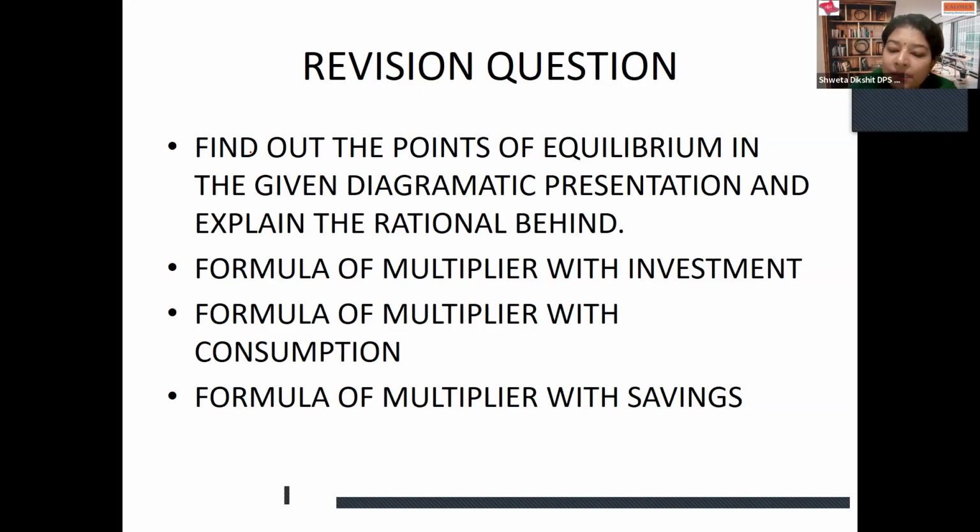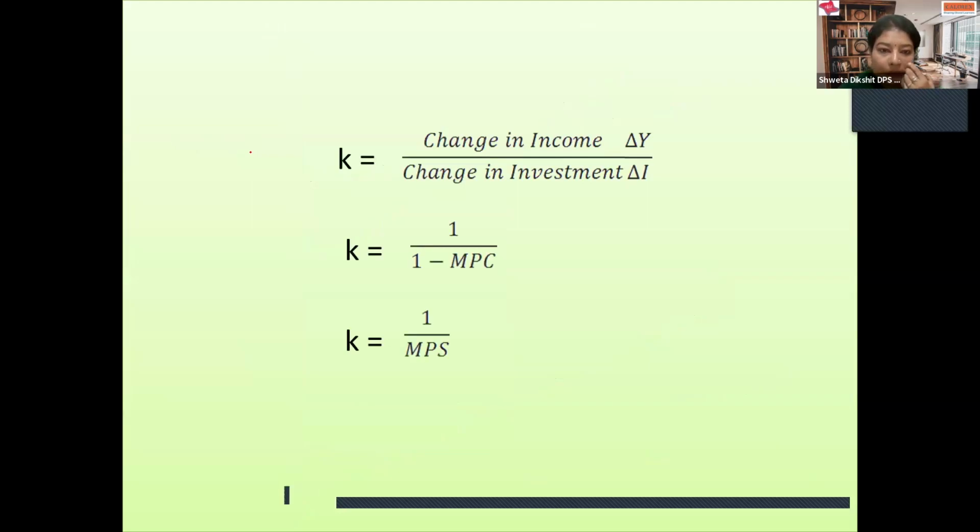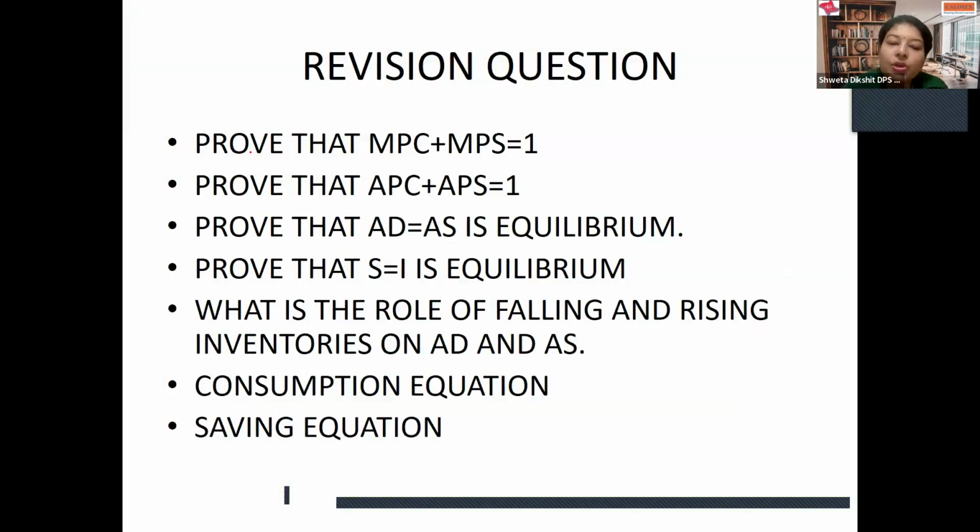Numericals are all algebraic, based on the equations which I explained to you in the last session, like what is the value of C, what is the value of X. That means the saving equation, the consumption equation, also the value of MPC and MPS, proving that MPC plus MPS is equal to 1, APC plus APS is equal to 1.